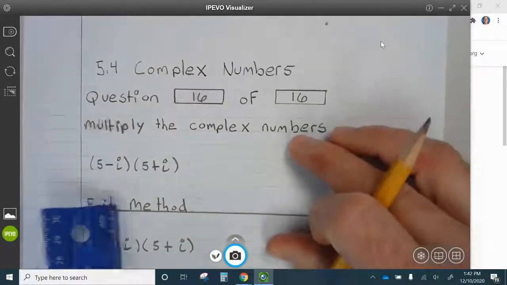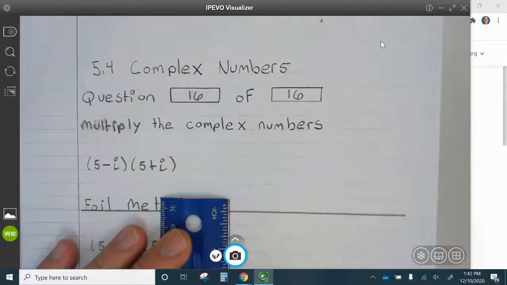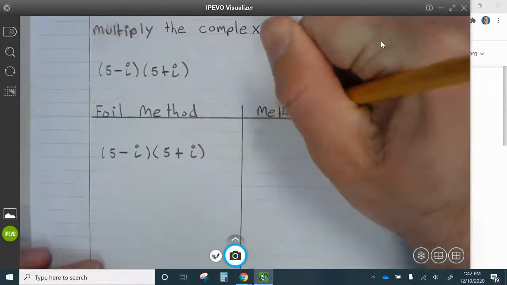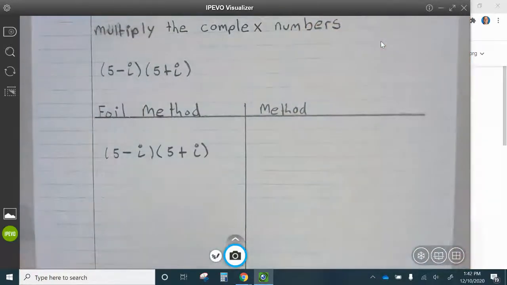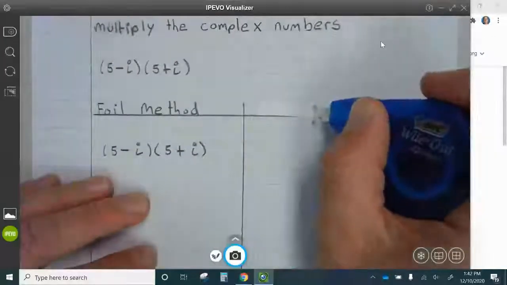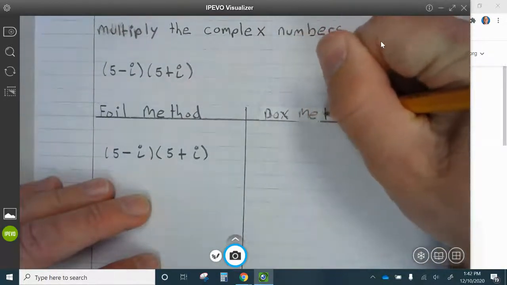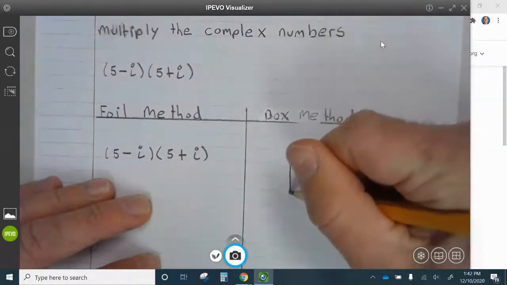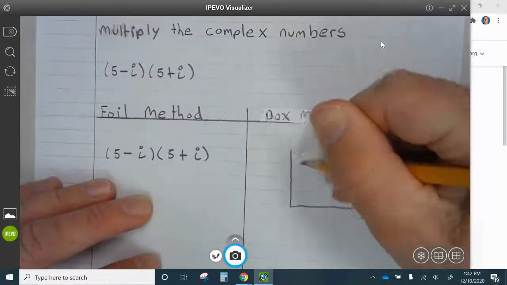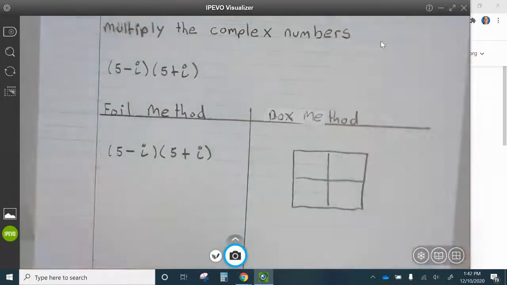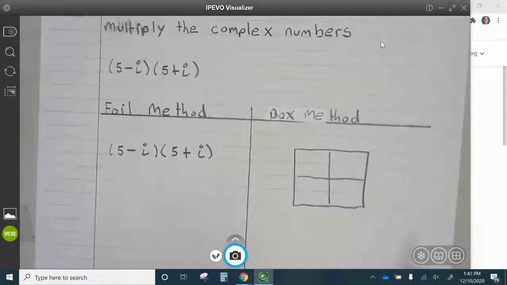All right, again, I'm going to do FOIL method first, and then I'll do box method, and then you can decide which method you prefer to use to answer the question. Apologize, let me wipe that out and rewrite that. Box method. All right, so let's do FOIL method first.